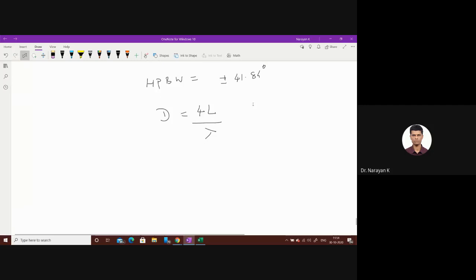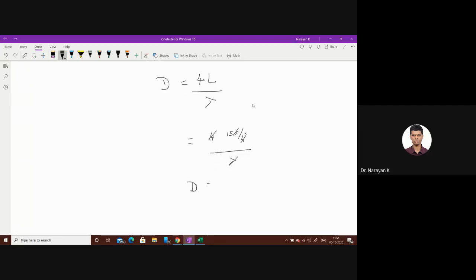So I will substitute here 15 lambda by 4. So 4 into 15 lambda by 4 divided by lambda. What is this? 4 will get cancelled. Lambda will get cancelled. So what is your directivity? 15. Agreed.